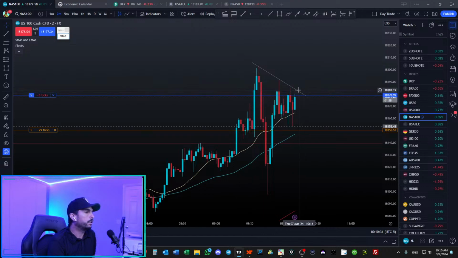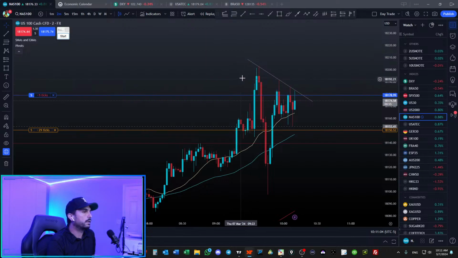We need to break this trend line to show the sellers that the buyers are in power. If it breaks that, it's gonna spike because there are a lot of stops over there.